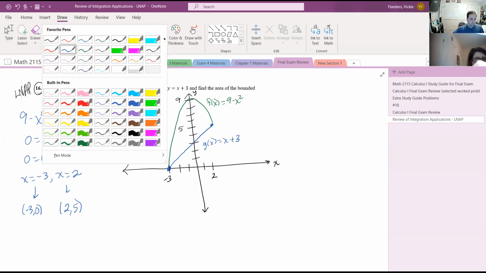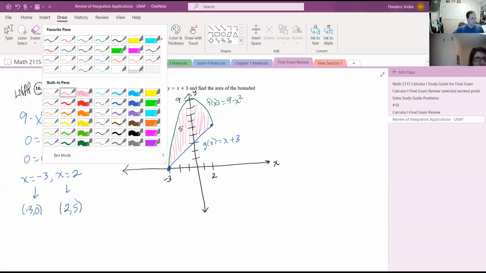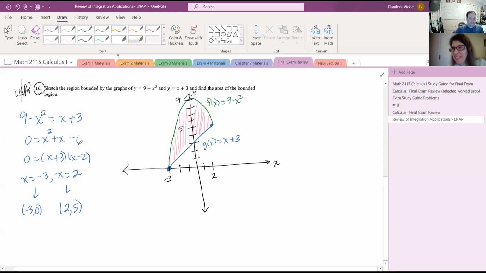Whenever you're sketching, you should always shade, because it is an area. Sometimes I see students not shading, and you should. So there's my shading. It's an area. So sketch the region, or the area of the region.